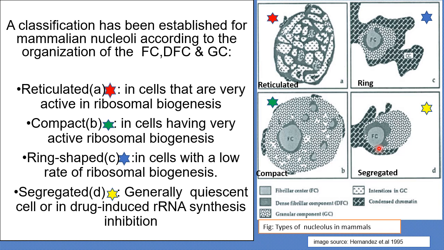They are found after blocking RNA synthesis, under certain physiological conditions, and after various drug treatments. So we can say that in mammalian cells, four types of nucleoli are found, and they are reticulated, compact, ring, and segregated.